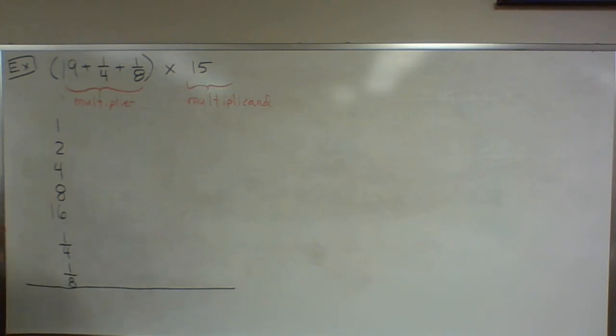Oops. Nope, 8 can't be one of those. 16 plus 4, we get 20. Nope. 4 can't be one of those powers of 2 into which 19 decomposes. 16 plus 2 is 18. That's good. Plus 1 is 19. Bingo. So 19 is 16 plus 2 plus 1. And we have a quarter plus an 8th. Let me write that down.